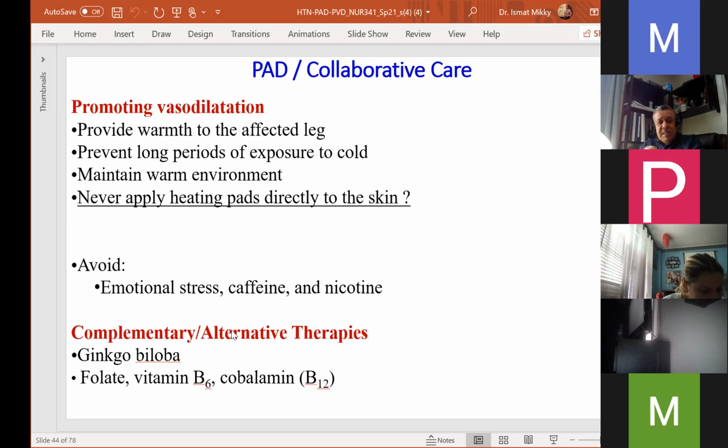So patients should consult with their health providers before taking any type of dietary or herbal supplement.